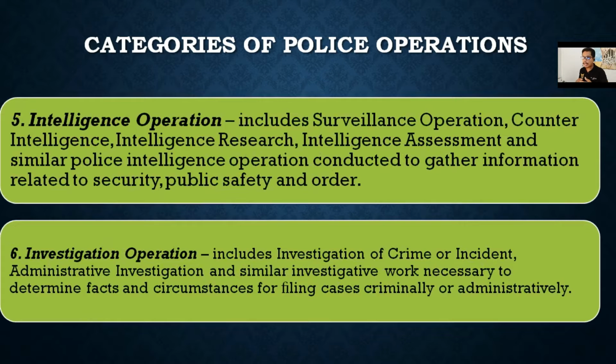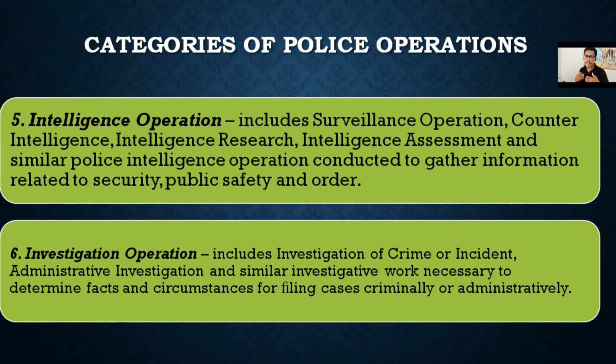The fifth one is about gathering of information. If a police officer conducts an activity and the purpose of the activity is to gather intelligence information, like you conduct tailing or shadowing, surveillance, or intelligence assessment or research, these activities will form part of the fifth category.